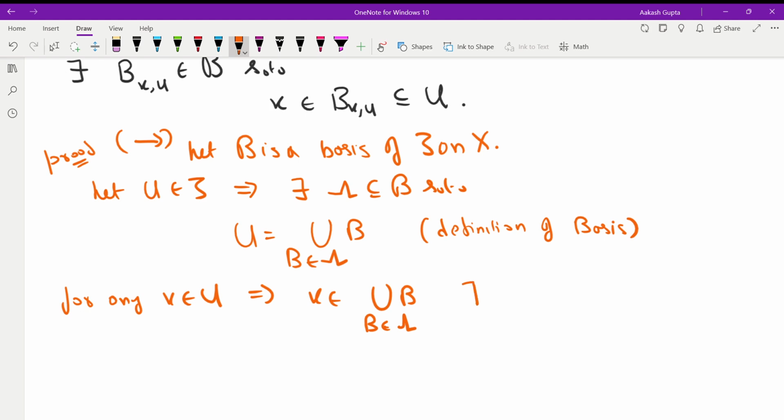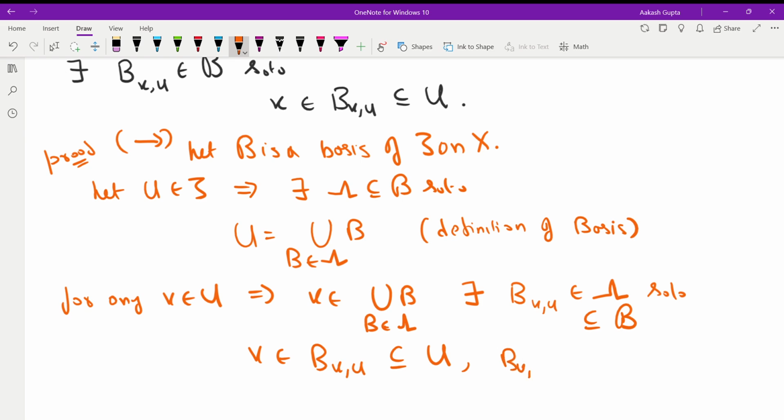So there exists some member, of course these depend upon U and then the point, so I can write B_{U,x} or B_{x,U}, whatever you want, inside script B, such that x belongs to B_{x,U}, and this is precisely in U, right?